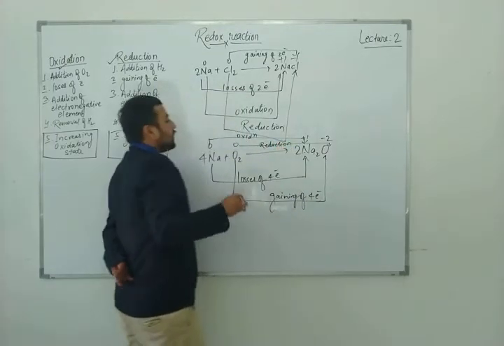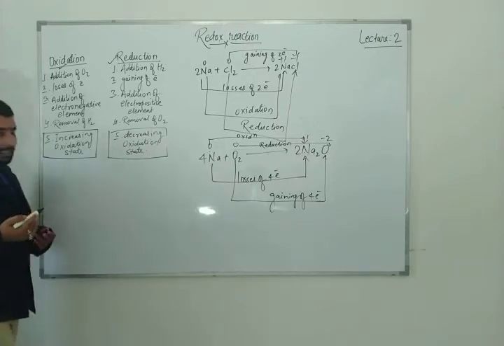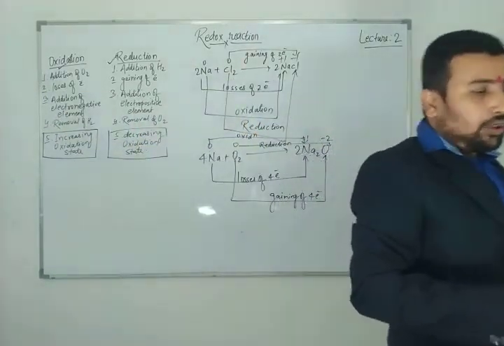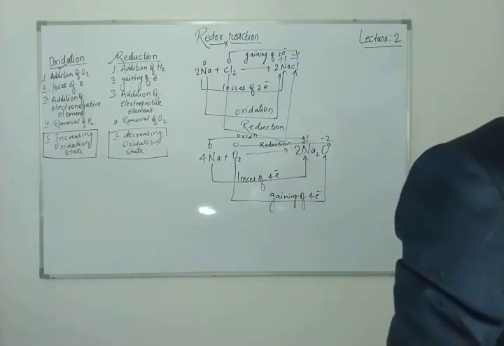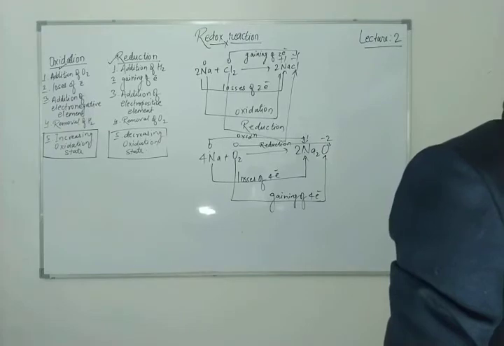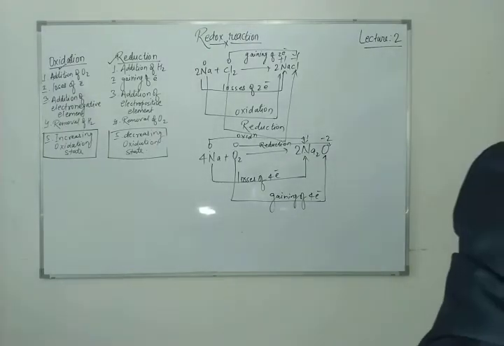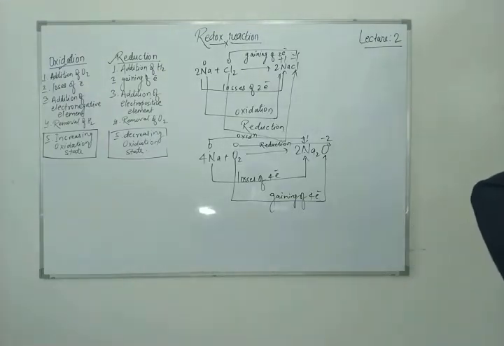So dear students, in any way if you want to calculate whether this reaction is a redox reaction or not, the 2 main formulas you should remember are that addition means gaining of electrons and removal means losing of electrons. So losses of how many electrons and gaining of how many electrons. Now oxidation means loss of electrons by any species, and reduction means gain of electrons by any species.